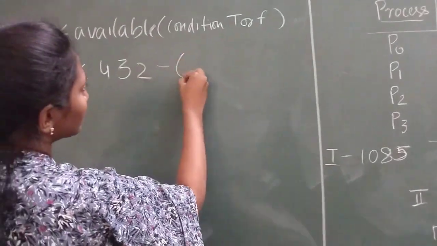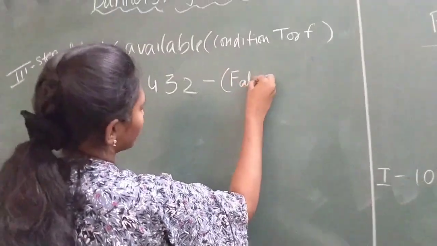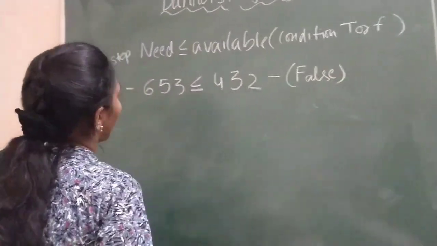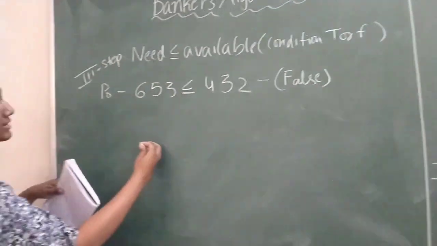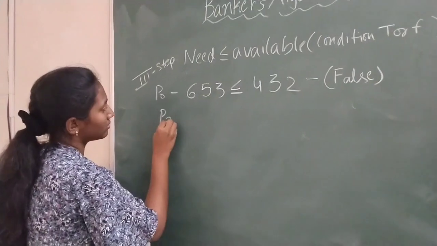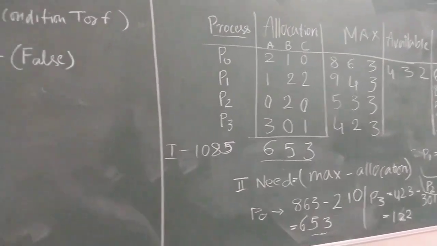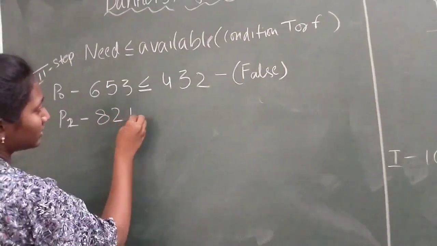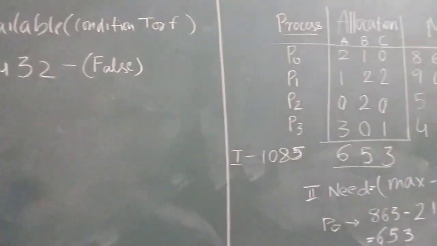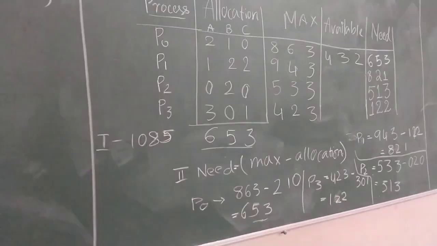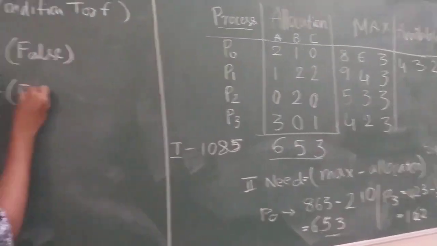Here the condition is false. So we have to go to the next step, 8 2 1. We are comparing it to 4 3 2. Again here it is false.